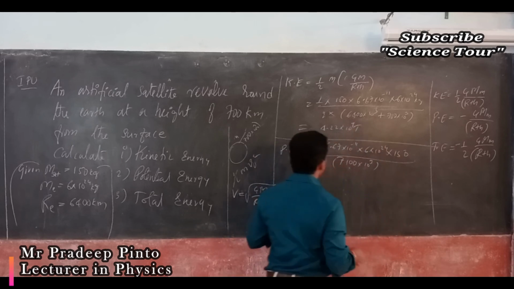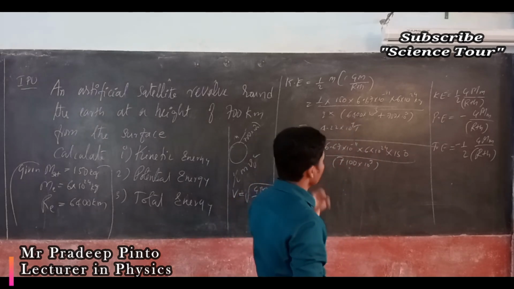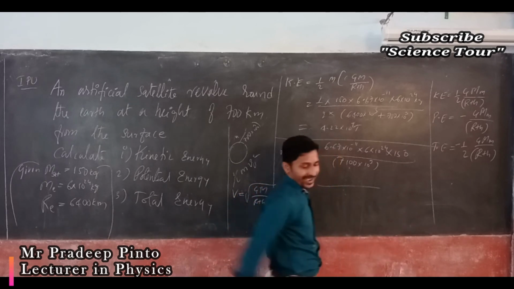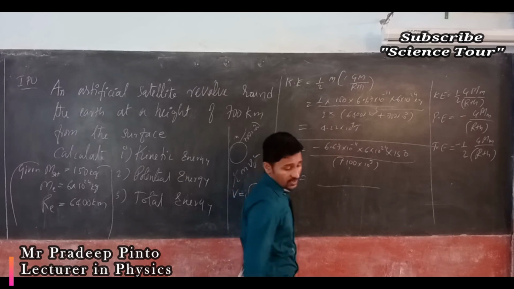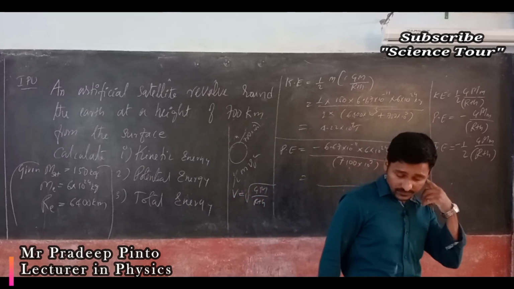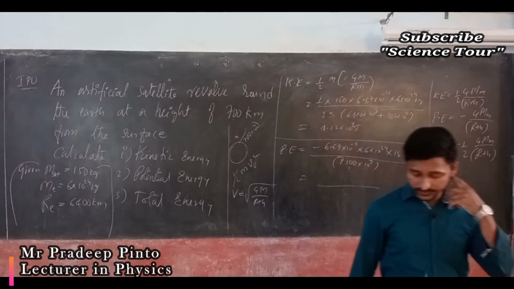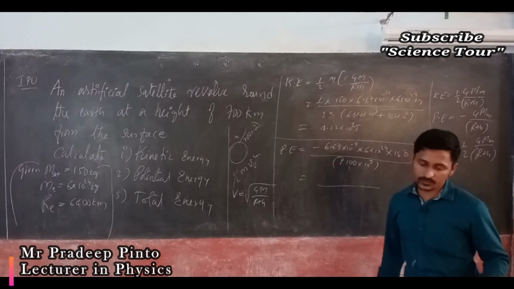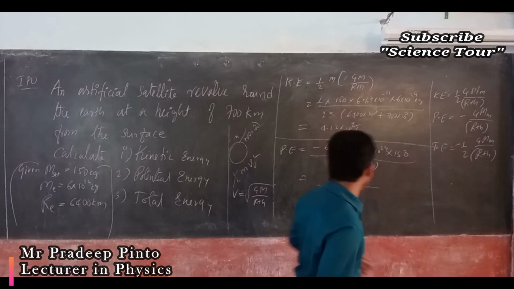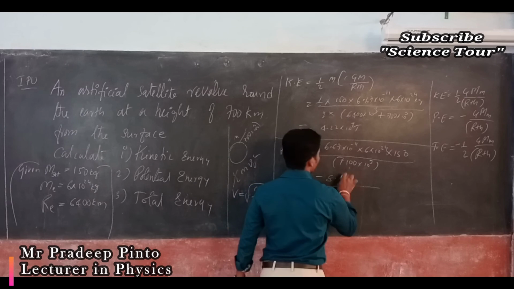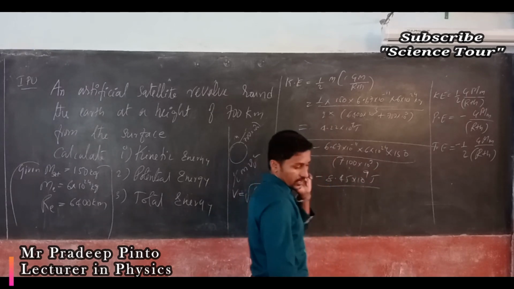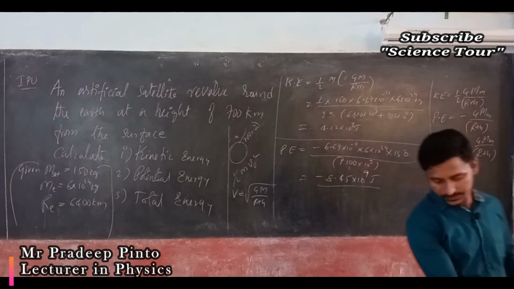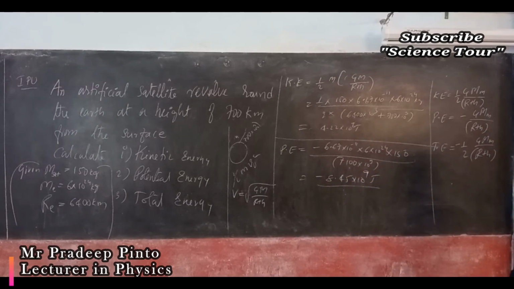And then you are going to get the answer, minus 8.45 into 10 to the power 9 joules. That is what you are going to get.